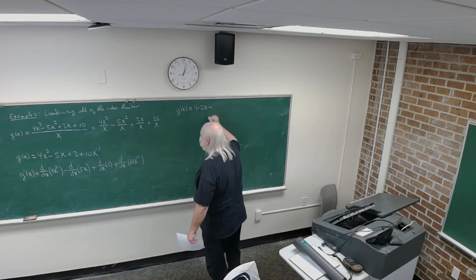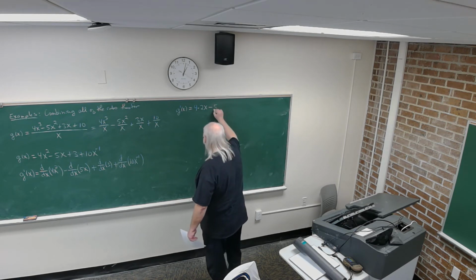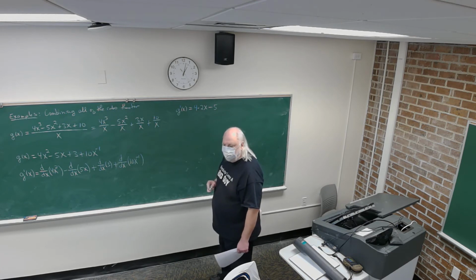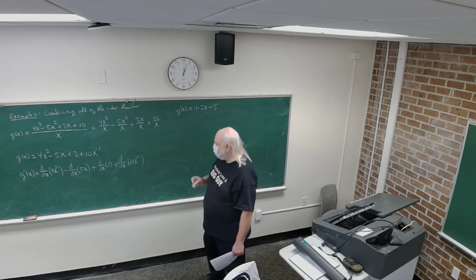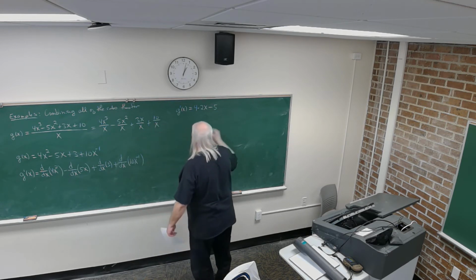Derivative of the second term, right? We just carry the 5 along, so we have minus 5. What's the derivative of x equal to? Is it 0? What's the derivative of x? Yeah, it'd be 1.